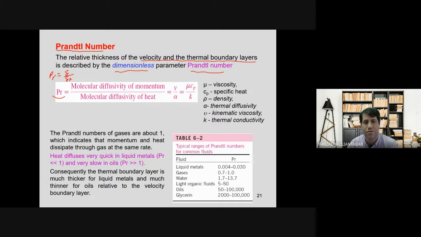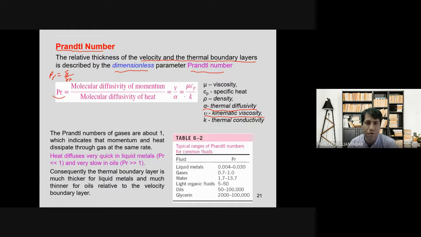If we substitute the value for these two, we can define it like this: nu divided by alpha. Nu here, you know what it is? It is kinematic viscosity. What is alpha? We call alpha thermal diffusivity. It's a property of the fluid. So by this, we can calculate Prandtl number.